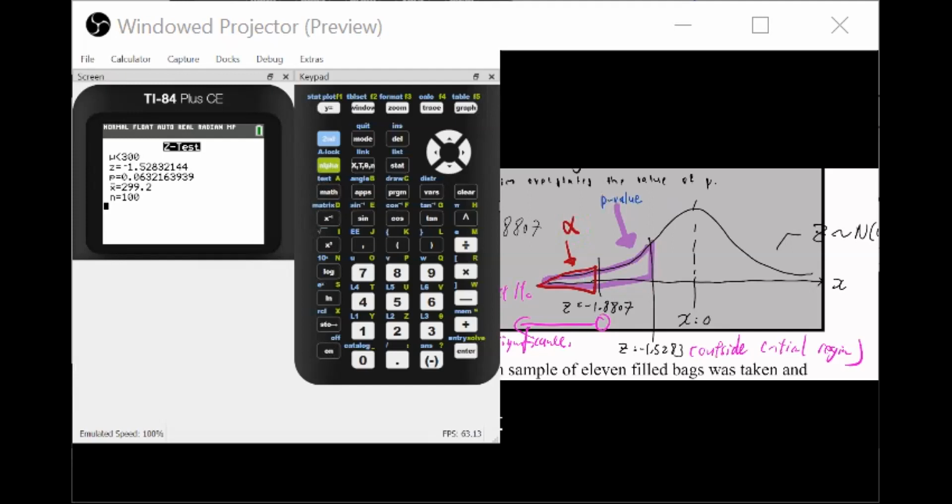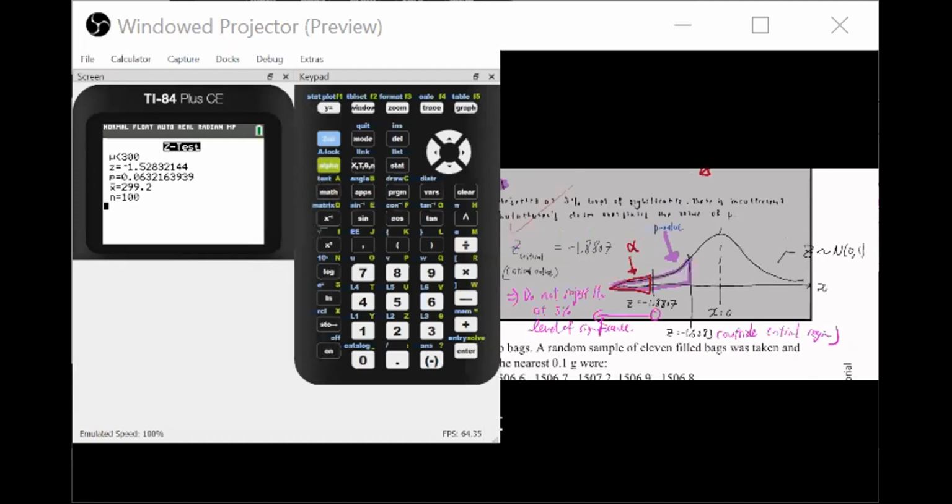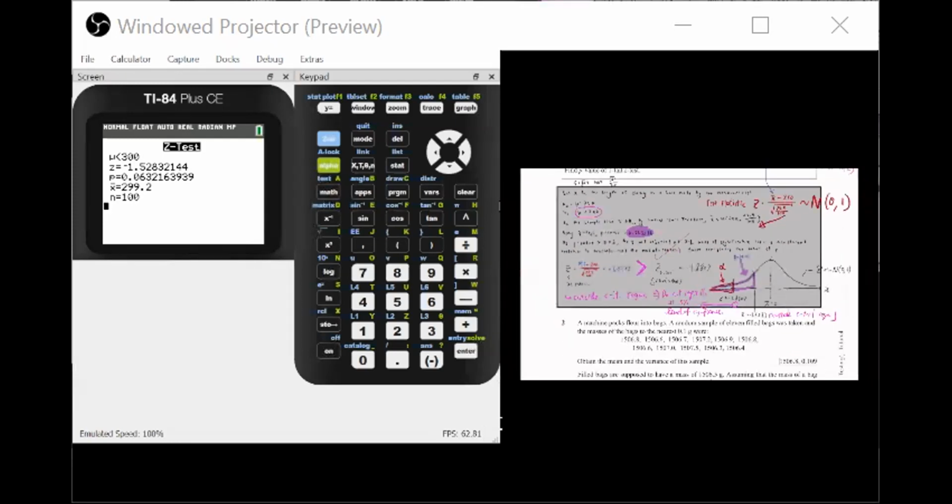No. You do not reject H naught. P-value more than alpha is do not reject. P-value less than alpha, reject H naught.